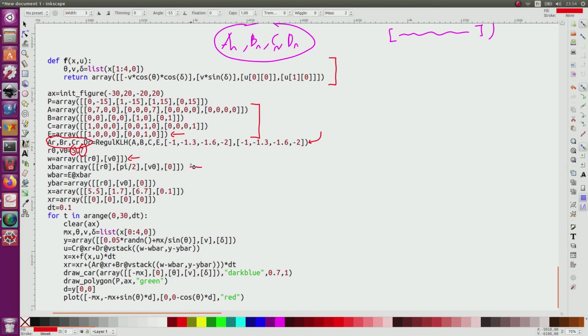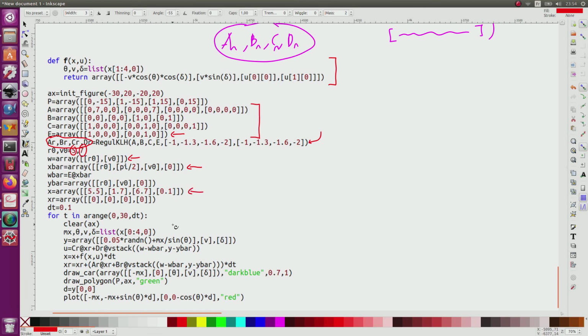Now here my operating point, which corresponds to the position I want to be. W bar is related to X bar via the matrix E. Y bar also is obtained by selecting the variables I can measure in the situation where X corresponds to X bar.